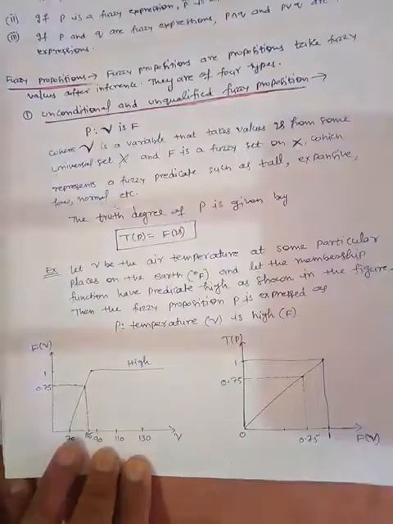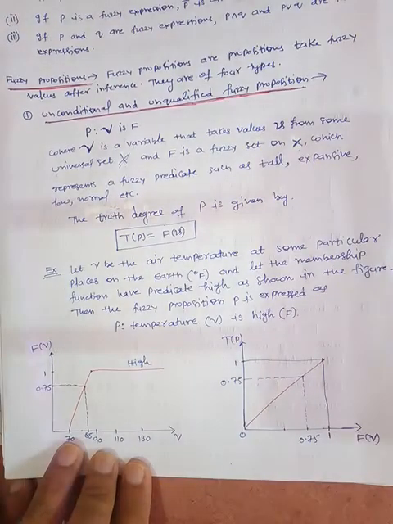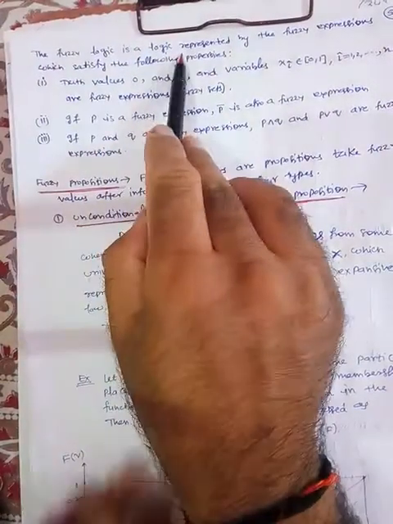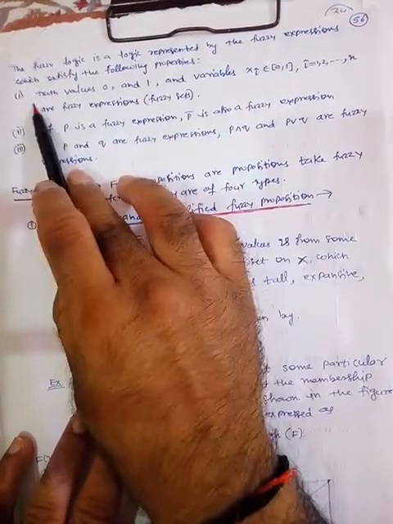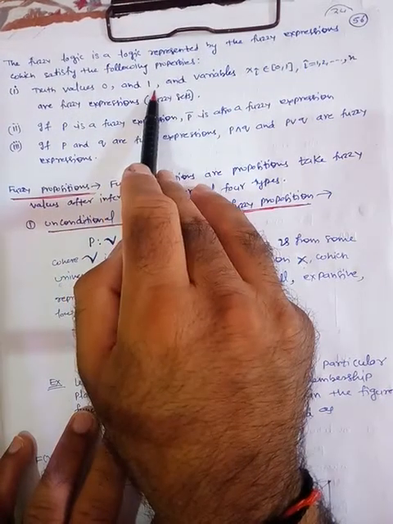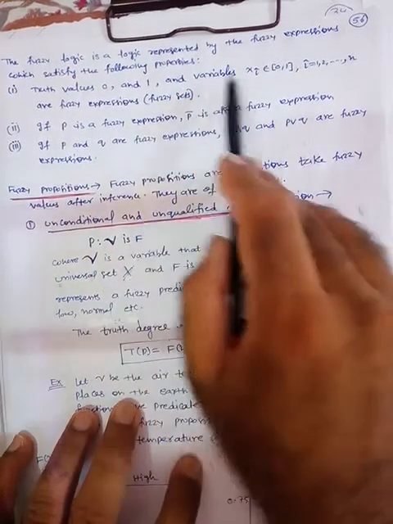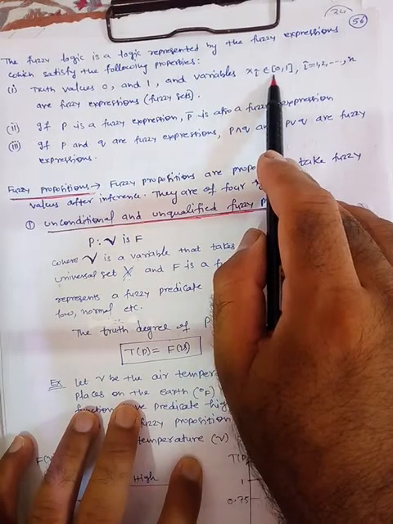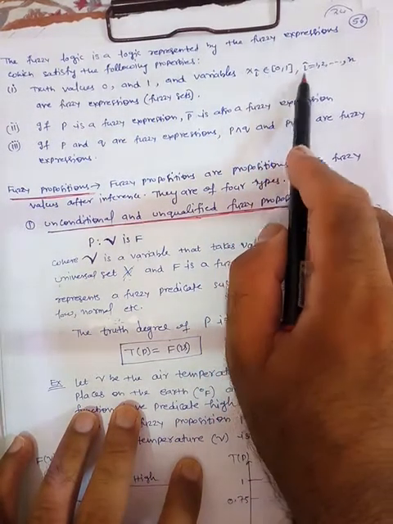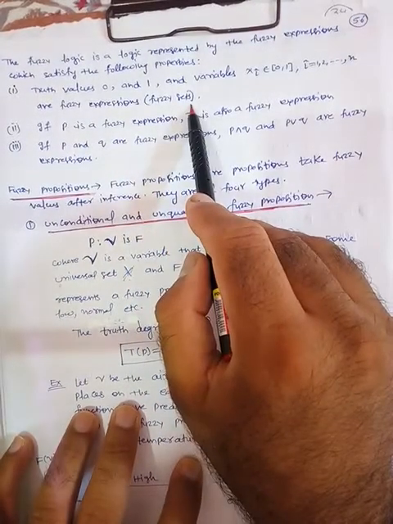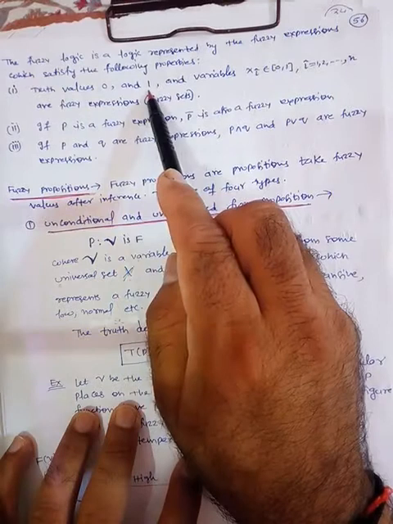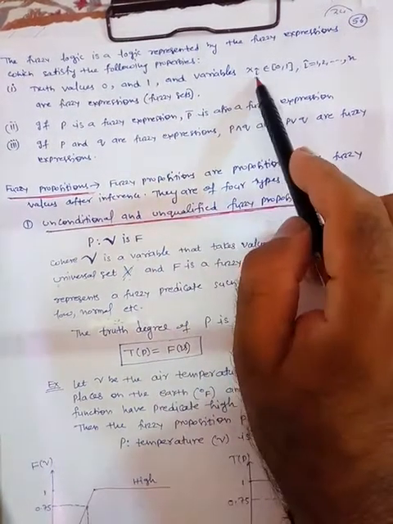Fine. Now here, fuzzy logic is a logic represented by fuzzy expressions which satisfy the following properties. First, truth values are 0 and 1, and variables xi are in the interval 0 to 1, where i is from 1 to n, and fuzzy expressions are fuzzy sets.